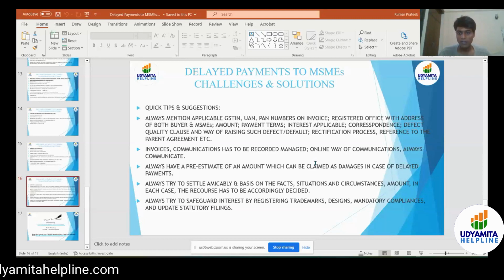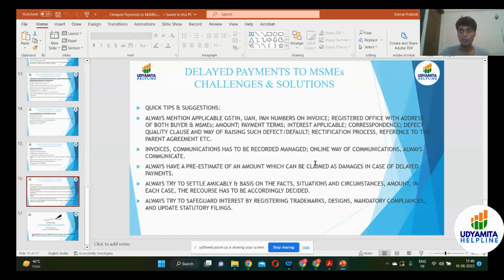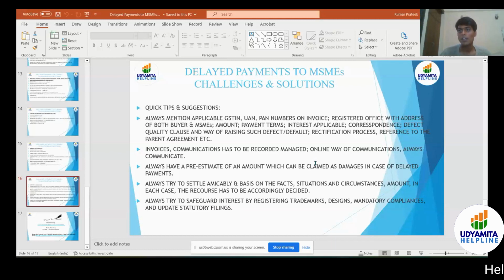Now you have to write an email to the supplier saying that just because your payment is delayed, I am not able to pay one of my vendors, and I have to additionally pay him the interest component. But it is not my fault, and the breach is attributed just to the supplier. So the interest component liability would not fall upon you, and with the claimed amount from the supplier, you can also claim the interest that you had to pay to the vendor just because of the delayed payment, right? So all these liquidated damages have to be kept in mind.